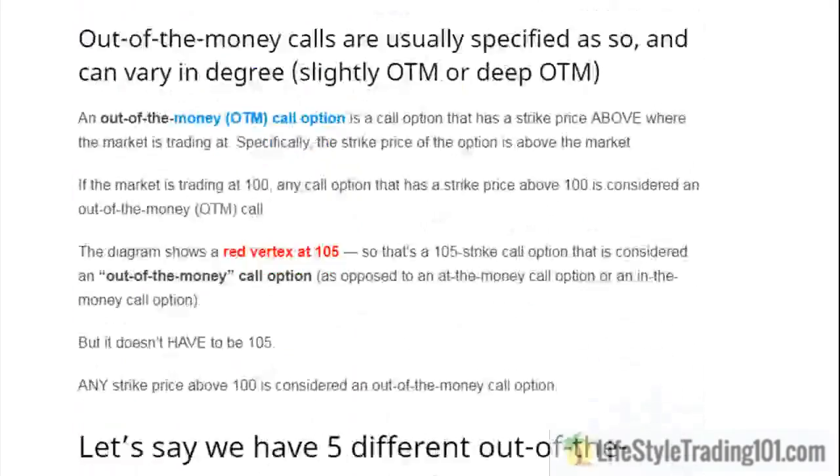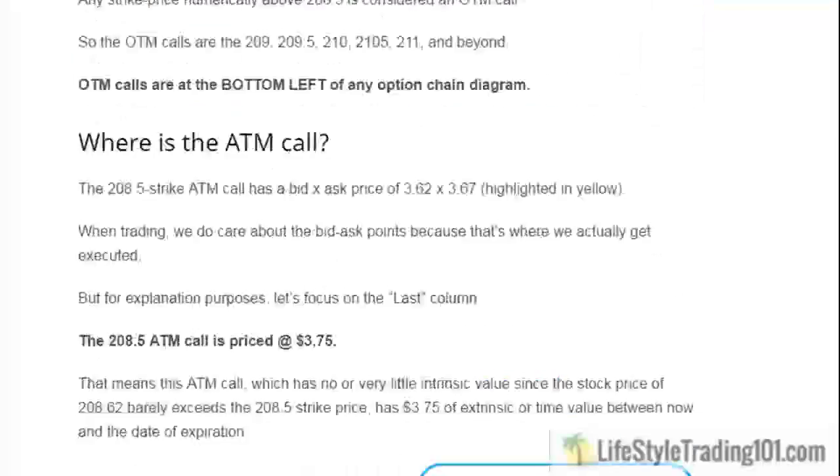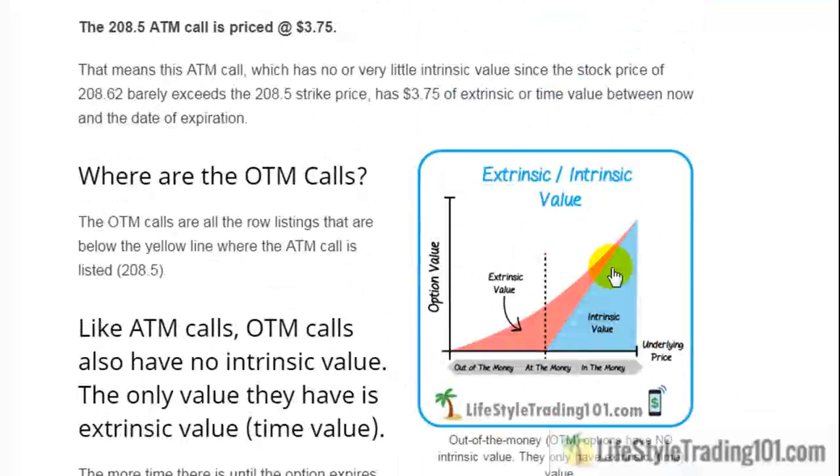So, in this, we have a chart of intrinsic value, and you can think of this call option diagram, and intrinsic value basically being anything where the stock exceeds the strike price. So if the stock price exceeds the strike price, then you start building this kind of intrinsic value. So you have moneyness and you have intrinsic value.